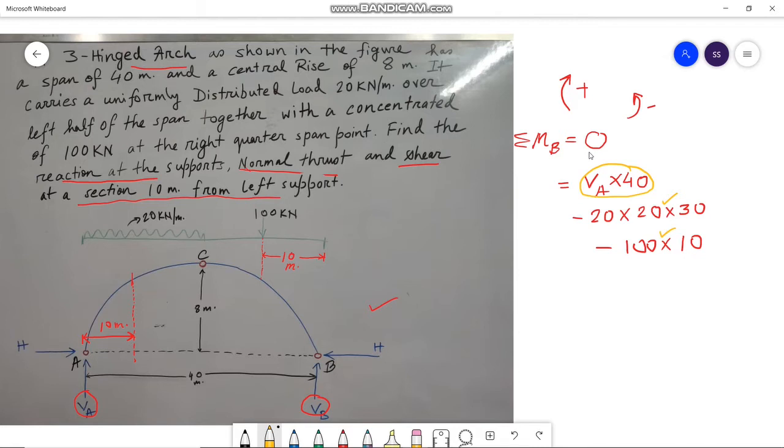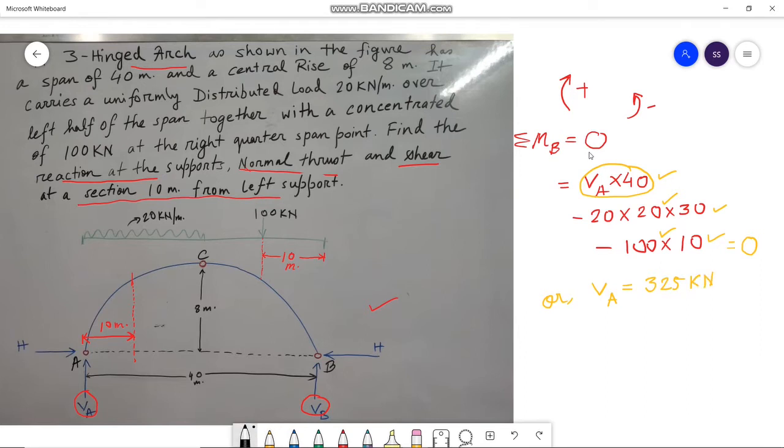So these two moments are negative, this one is positive. So total equals to 0. That is the total summation of the moments is 0. So calculating, we have VA equals to 325 kilonewton.